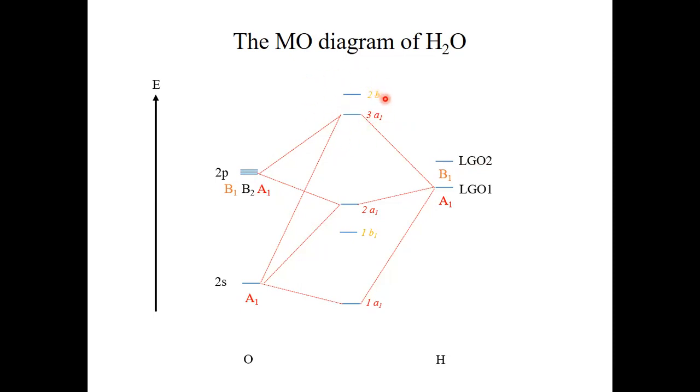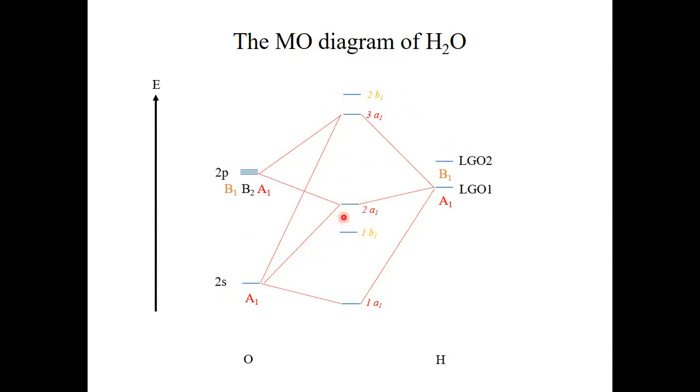The answer is no, we would not know that with absolute certainty, but we may suspect it because the a1 orbitals have an influence from this energetically low 2s orbital also, while the b orbitals only have influence from the energetically relatively high 2p in the LGO. Okay, therefore, we would suspect that this antibonding 2b1 is energetically higher than that antibonding 3a1.